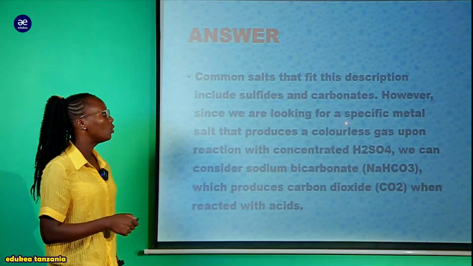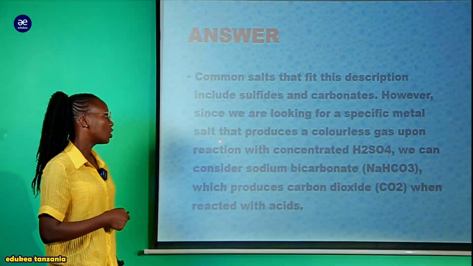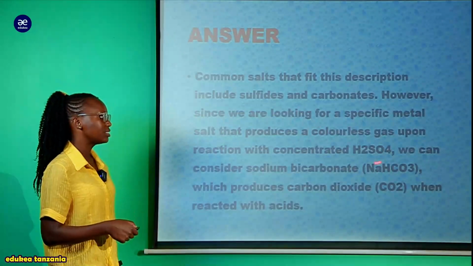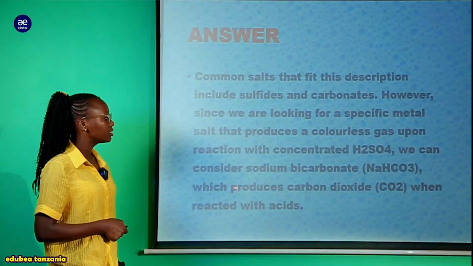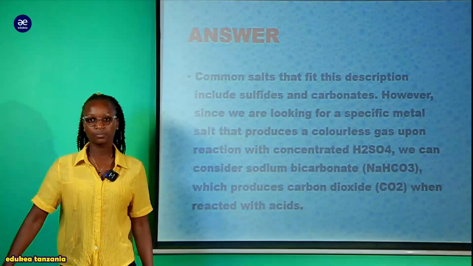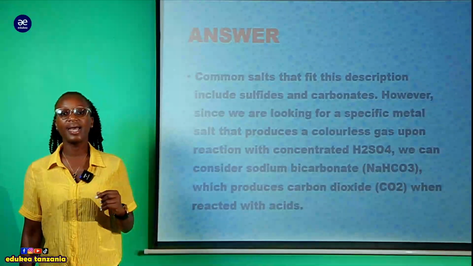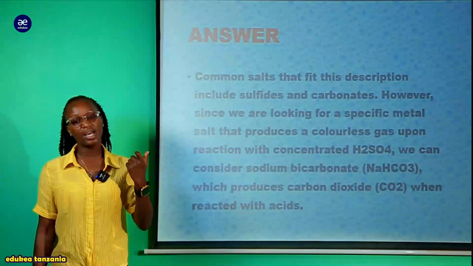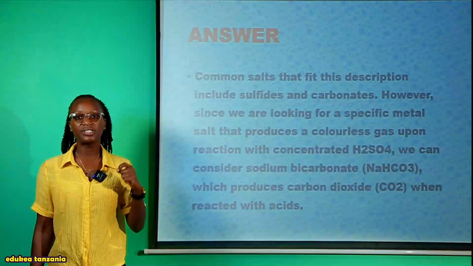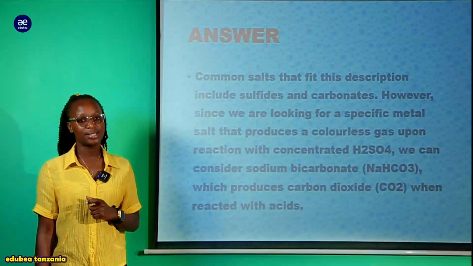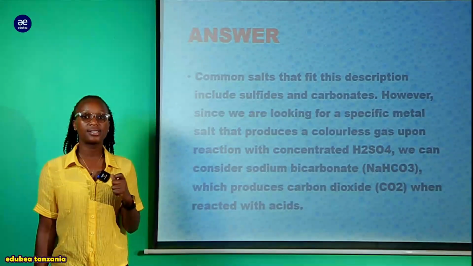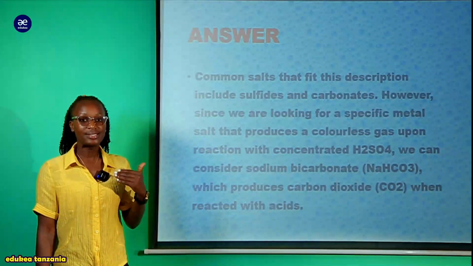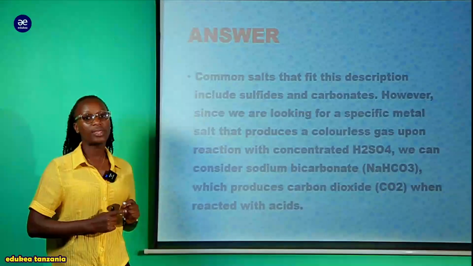Okay, now however, since we are looking for a specific metal salt that produces a colorless gas upon reaction with the concentrated sulfuric acid, we can consider the sodium bicarbonate. Kwa sababu kumbuka tunaangalia ile specific metal salt ambayo ilireact na ile conc sulfuric acid kwenda kutupatia colorless gesi C. Sasa ili tuweze kupata hiyo colorless gesi C, what metal salt ambayo tutaikisia au inaweza ikawa ina fit kwenye hiyo description.